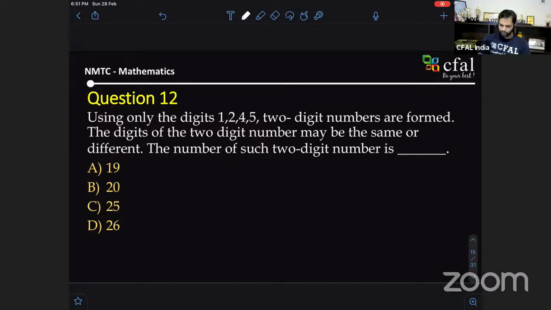Wait, I have not read the question. Let me also read it. Using permutation, 5P2 is 20, that's obviously the answer. I don't know permutations and combinations; I've never learned that. Let's see whether we require that concept or not.